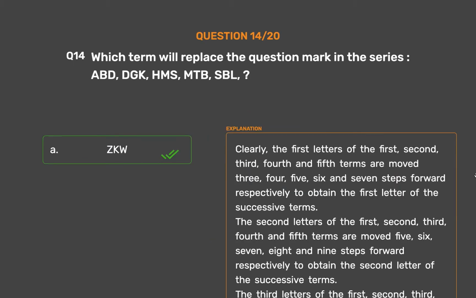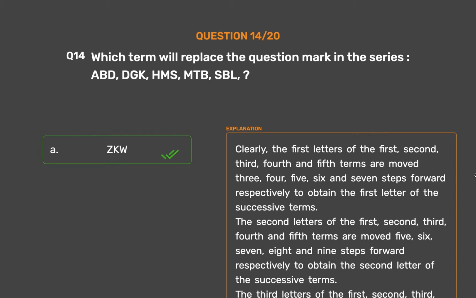Clearly, the first letters of the first, second, third, fourth and fifth terms are moved 3, 4, 5, 6 and 7 steps forward respectively to obtain the first letter of the successive terms. The second letters are moved 5, 6, 7, 8 and 9 steps forward respectively to obtain the second letter of the successive terms.